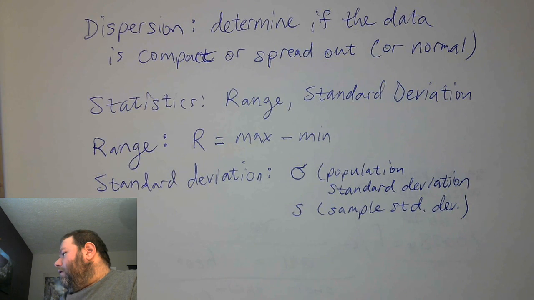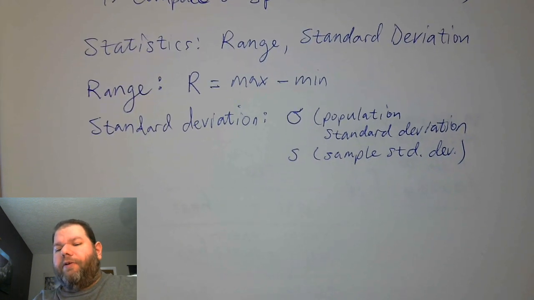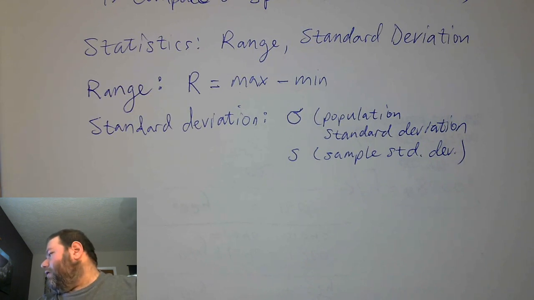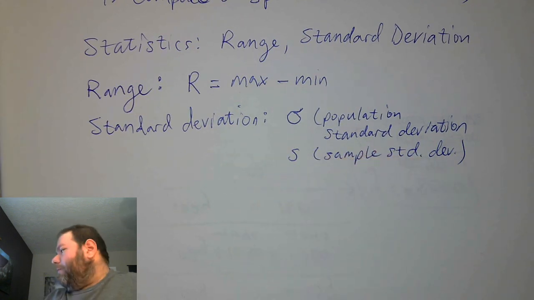Let's see. I'm not entirely happy with the formula I gave you, because the formula I gave you included frequency, and it's probably best that we don't include frequency. So I'm going to rewrite this formula without the frequency built in. That way it'll be a little bit easier to work with.